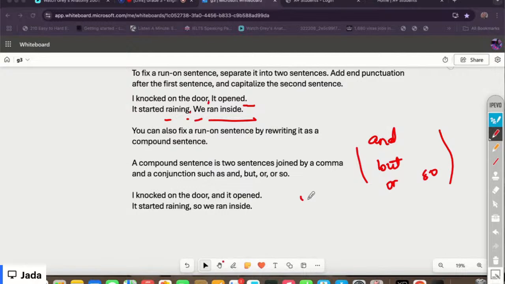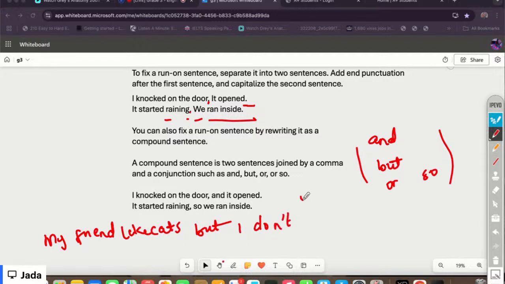Okay, so we have our first sentence from David: My friend likes cats but I don't. This is a run-on sentence.